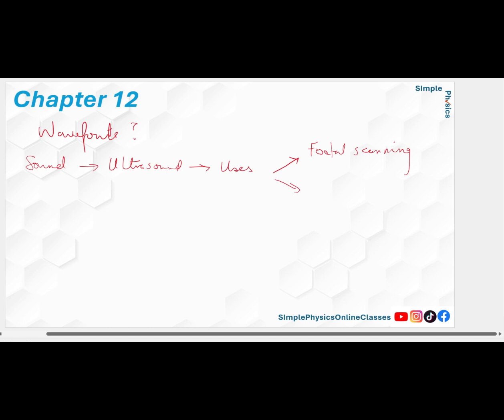Another one was depth testing. Okay, so key thing to remember, yes, we've got a formula for waves, because waves we use V equals F lambda. Well, you could also use speed equals distance over time. Okay, so when we say depth testing, it's like echo location, which is what bats do.